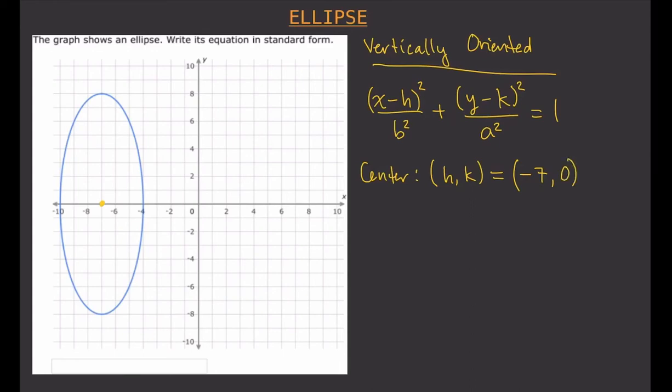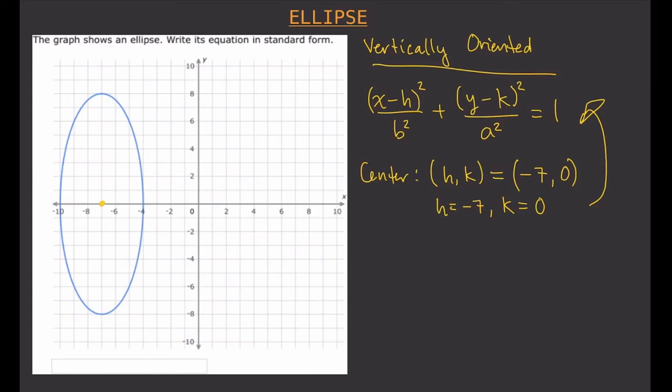So that's our center at -7, 0. That means that our h is -7, our k is 0, and we can just easily plug this into our equation right here. Now we'll do that later. We first find a and b.